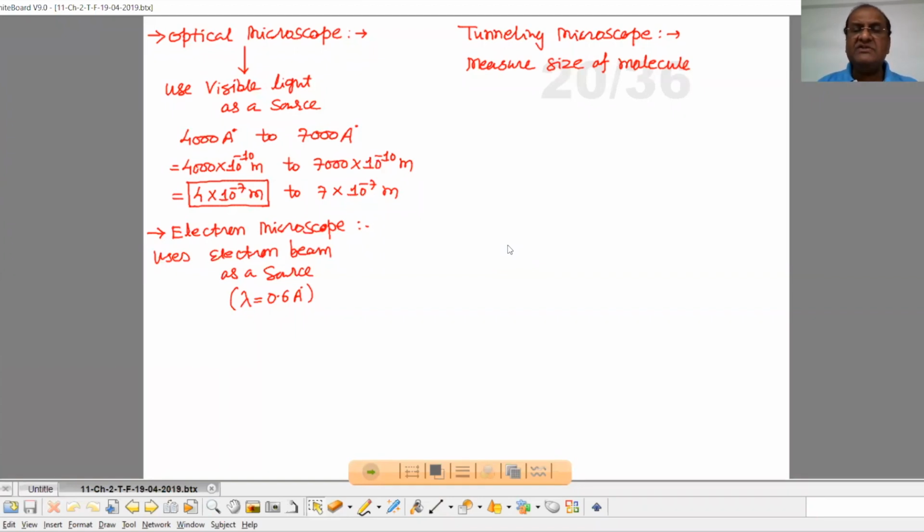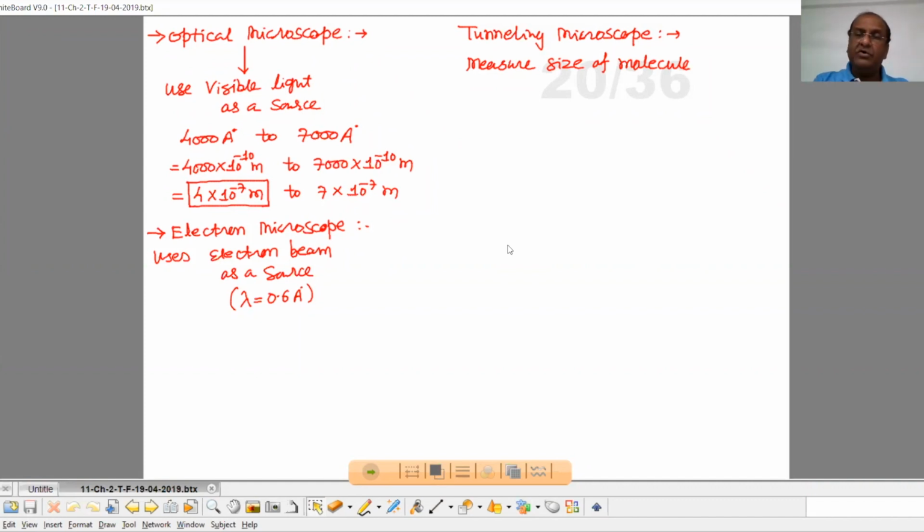Alternative method means we have to do some experimental procedures, and in that particular experimental procedure we have to take some different measurements, and then after that we have to compute that particular distance.